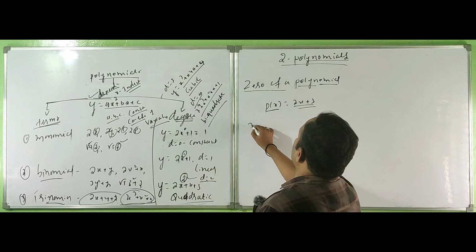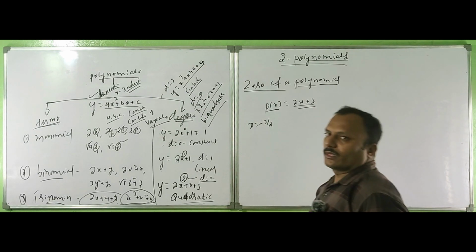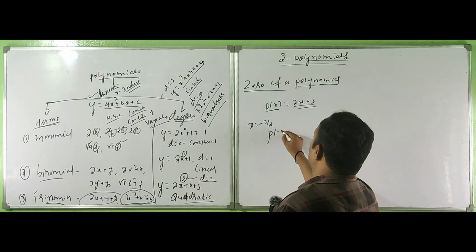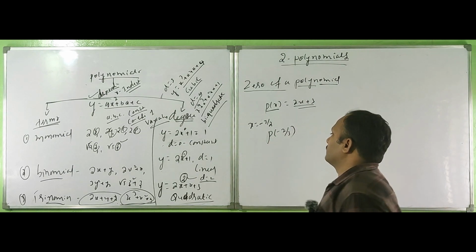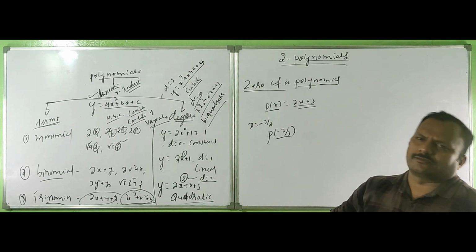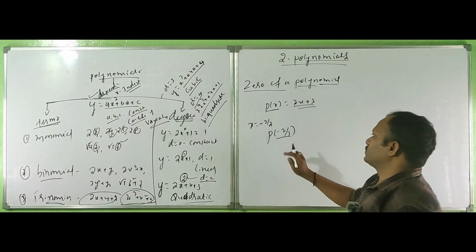Put x is equal to minus 3 by 2. So p of minus 3 by 2: wherever x is in the equation, put the value of minus 3 by 2.